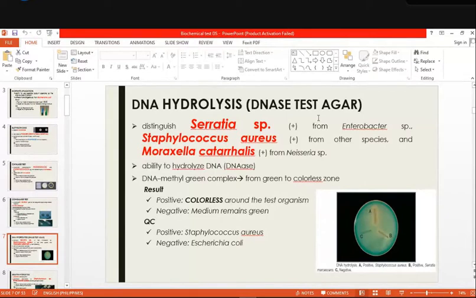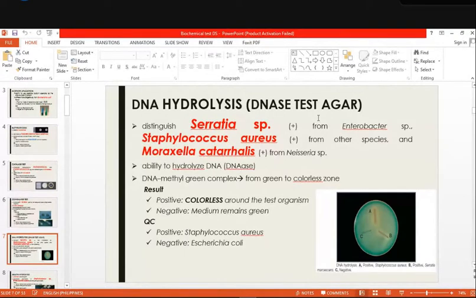So positive result for the methyl green is clearing around the colonies. Positive control natin, Staphylococcus aureus. Negative control natin ay Staphylococcus epidermidis.